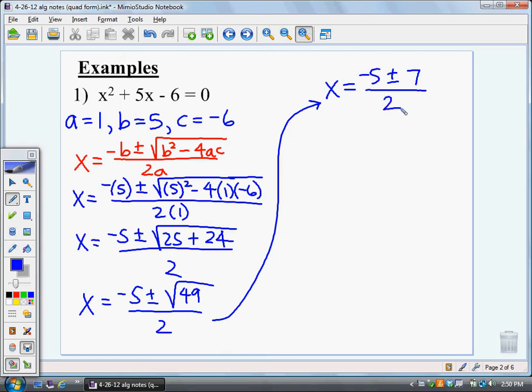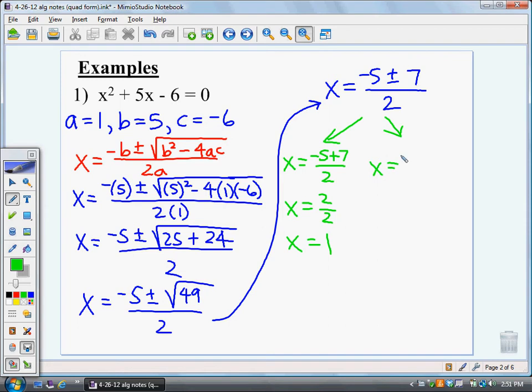And at this point, we'll talk about what that plus or minus is. Okay, the plus or minus means that I can do two things. I'll do this one time treating it as a plus. So x is going to be -5 plus 7 over 2. x would be 2 divided by 2, or x would be 1. And then I would do it one time where I would treat that sign as a minus sign.